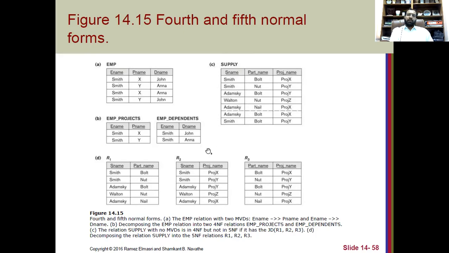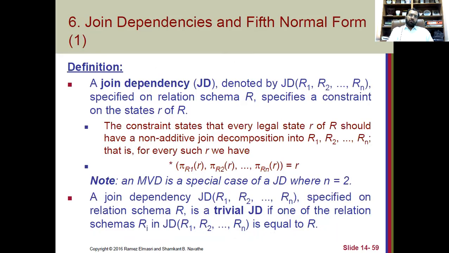So now in these three relations, there is no anomaly and no multi-value dependency. But in the original relation, we observed the multi-value dependency, which creates that anomaly, and that has to be sorted out. That is basically the definition of the fourth normal form.